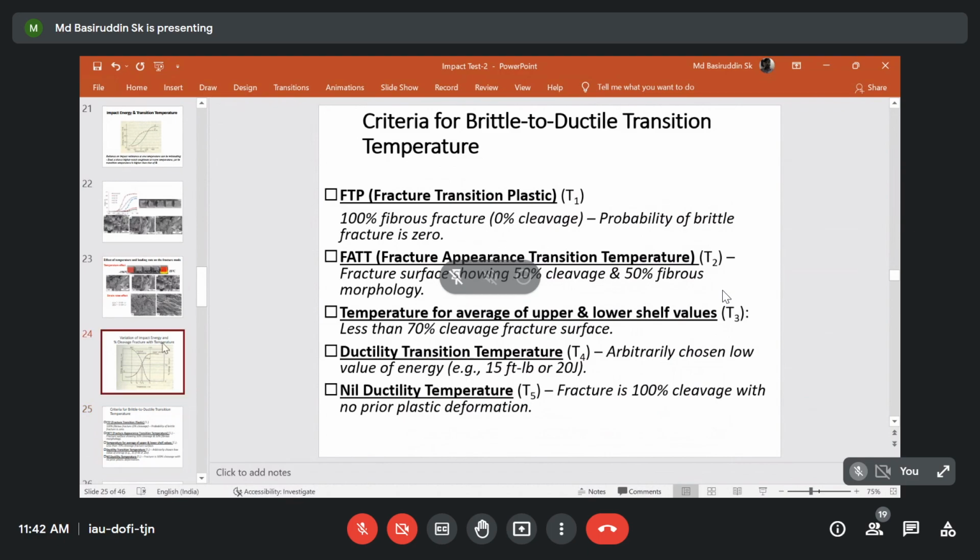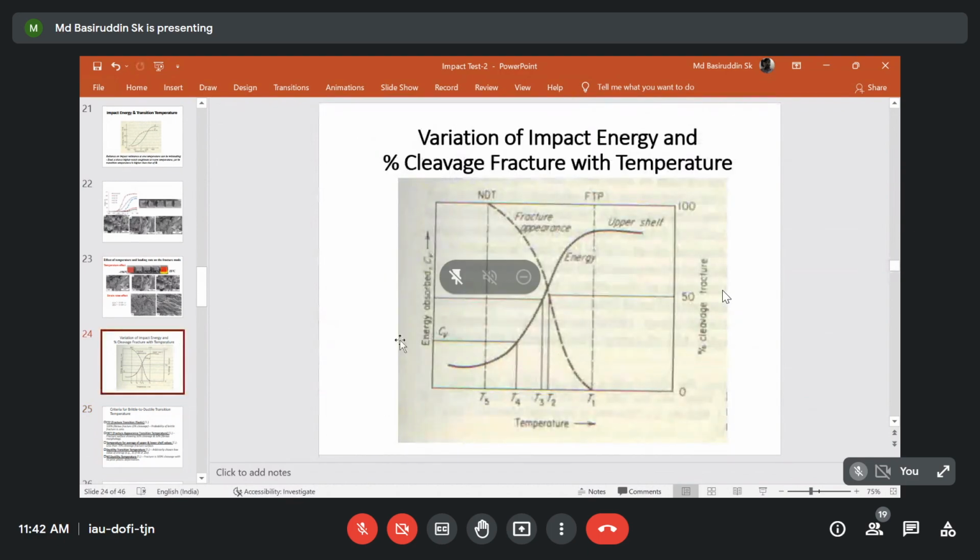That means they have fixed the impact energy values, let's say CV, and then they ask the researchers to evaluate the temperature, which should be well below their specified temperature.